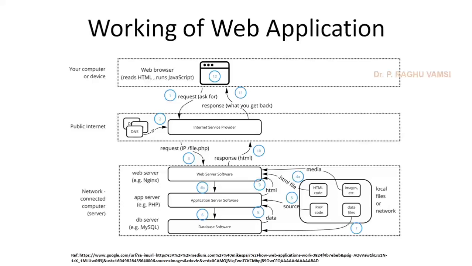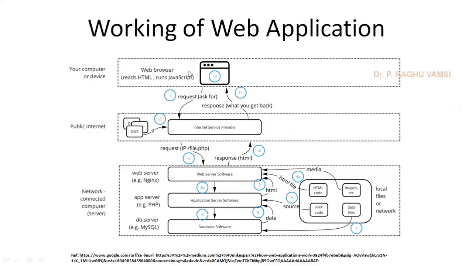Browsers also read the HTML and may run JavaScript or VB script, and other scripting activity can be done by web browsers. So injection of any malicious content in the JavaScript or VB script may lead to the hacking of the web application. This is a source where you can hack the web application.